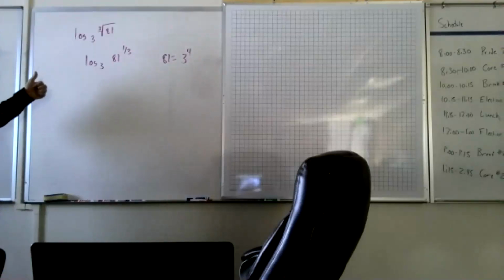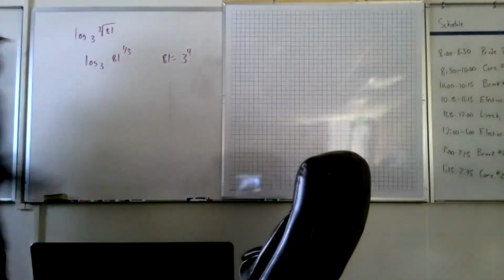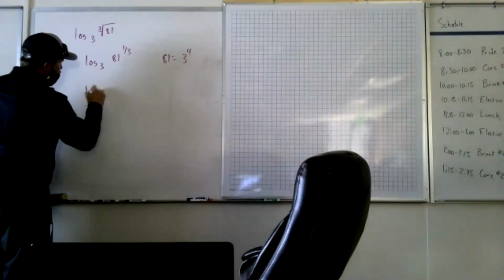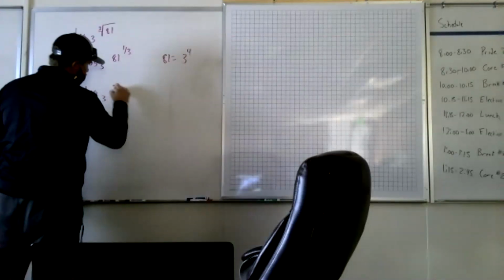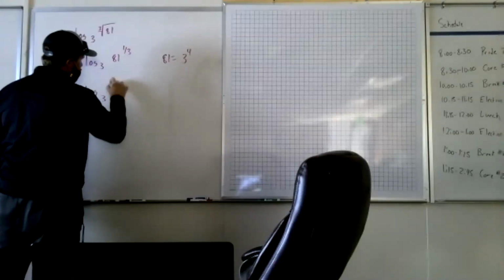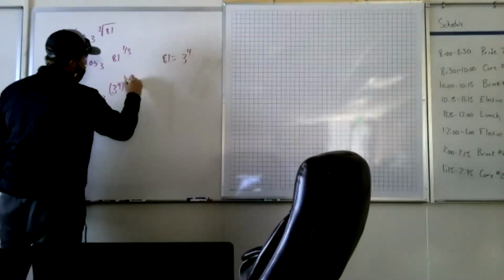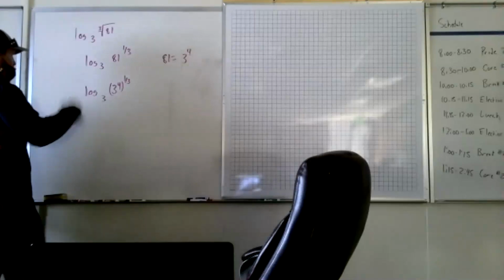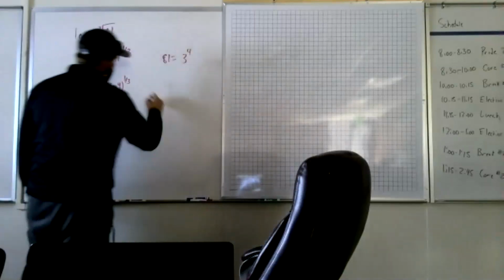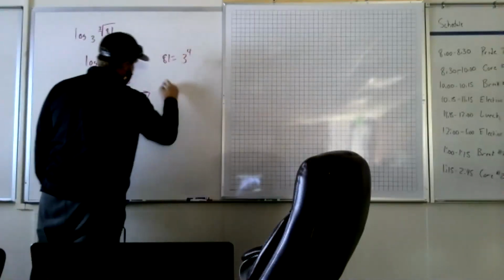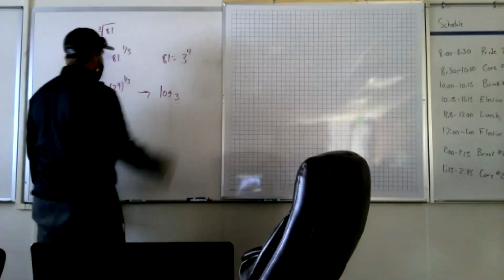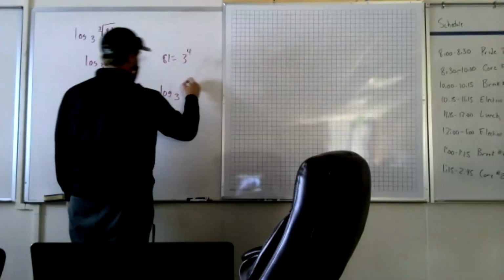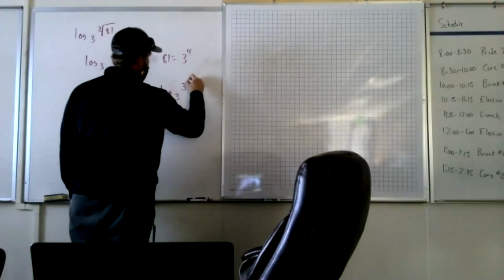So we can rewrite it as the log base 3 of 3 to the 4th, to the 1/3. Now I use my power property, which gives me log base 3 of 3 to the 4/3.